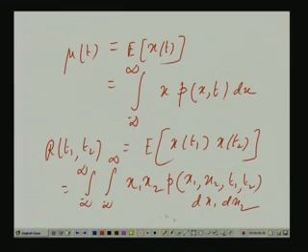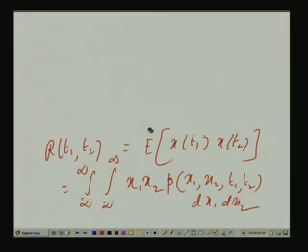You can also see that this is a function of two arguments, so you can plot it in a 3-dimensional plot. If you take the straight line T1 equal to T2, say equal to T, you have E of xt1 times xt1, which is nothing but the expected power of the random variable at the point T1.